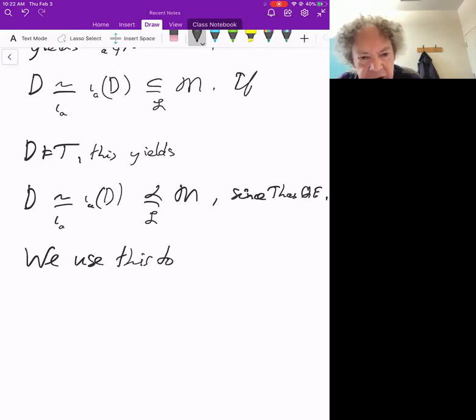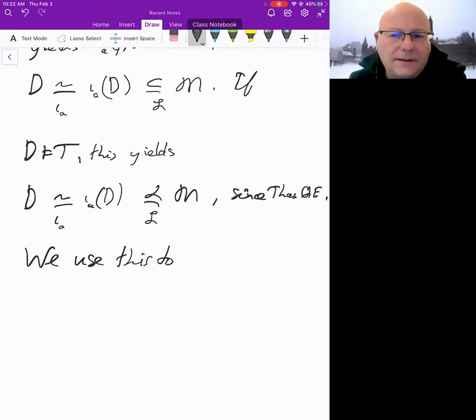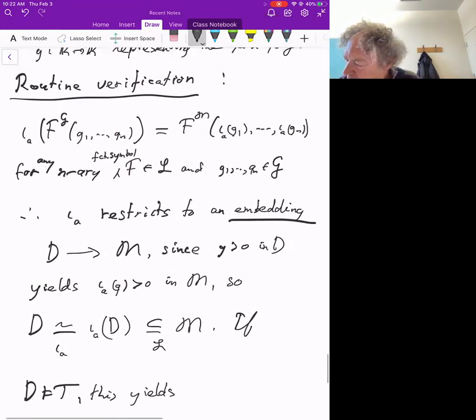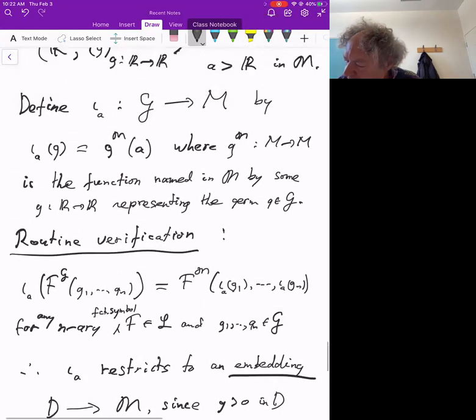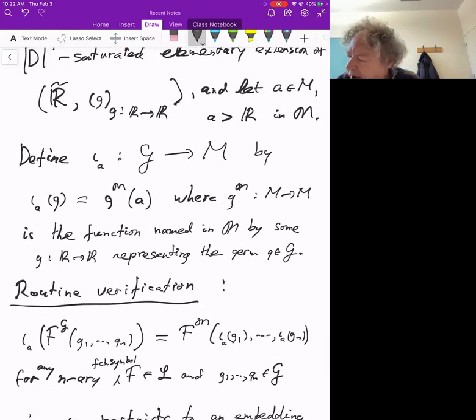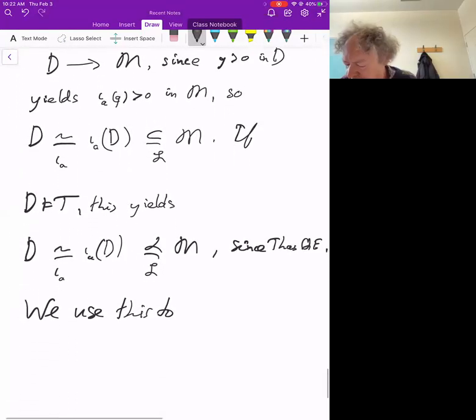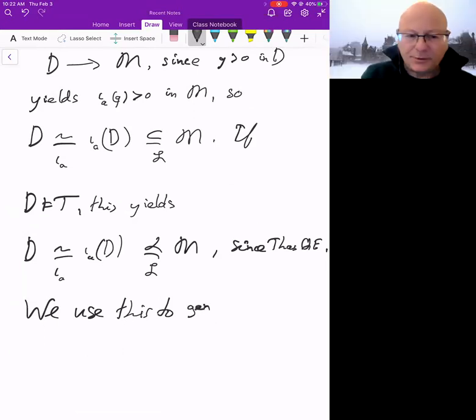No, not yet. Well, only in a very mild way, I guess, not explicitly. I took A in M, A bigger than R in M. Certainly, if M is saturated, there are plenty such A's. But otherwise, I didn't use it. But now I'm going to use it. Use this to generalize. Okay, thank you.